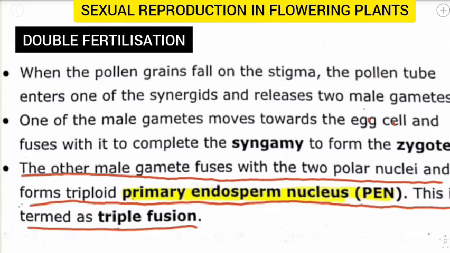So this gamete fuses with the two polar nuclei and forms the triploid primary endosperm nucleus, PEN. This process is also known as triple fusion. Very simple. One zygote is formed and another triple fusion process takes place.